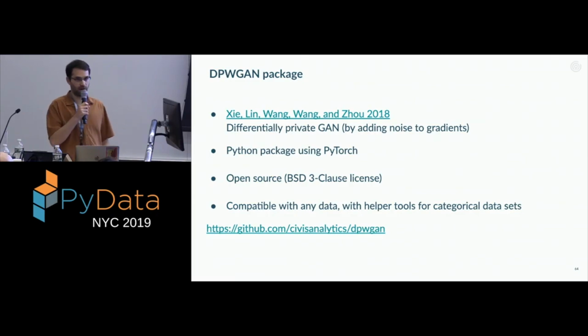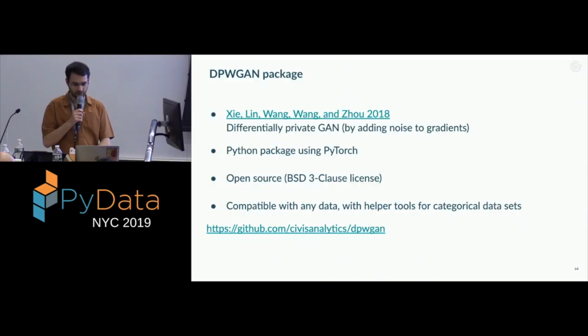And so I took this model and implemented it in an open source Python package using PyTorch. In theory, it's compatible with any kind of data that you might have, although I have some helper tools to make this easier to do with categorical data sets. So the code is online. If you want to take a look at it, you can play around with it, try out some examples, see how it works.